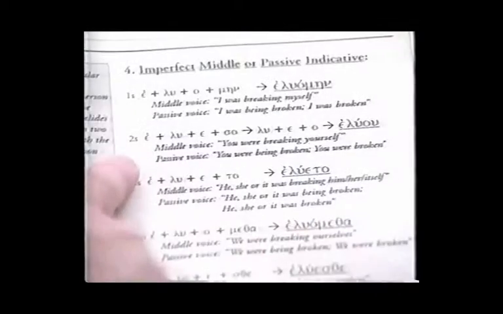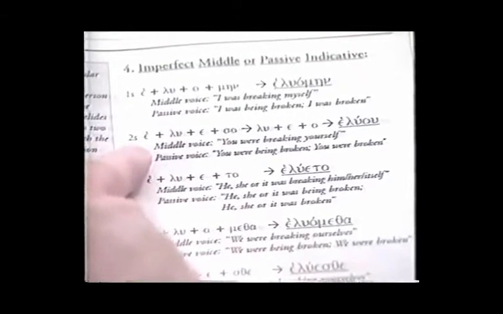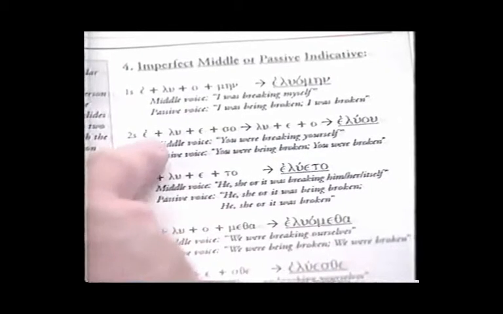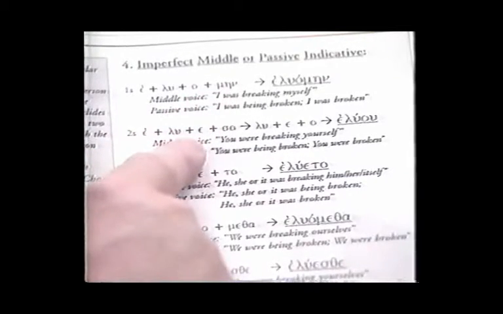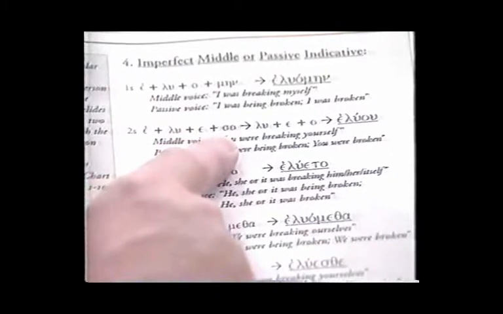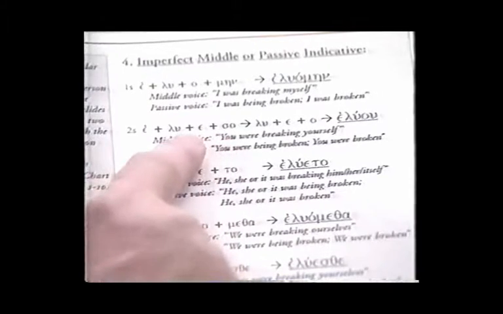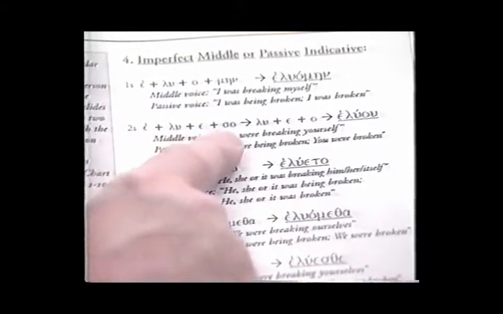Look at the second person singular. What we have now is an epsilon augment out front, the verb stem lu, the connecting vowel epsilon, and the ending so. Well, look what's going to happen. Here we have an epsilon vowel, a sigma, and an omicron.